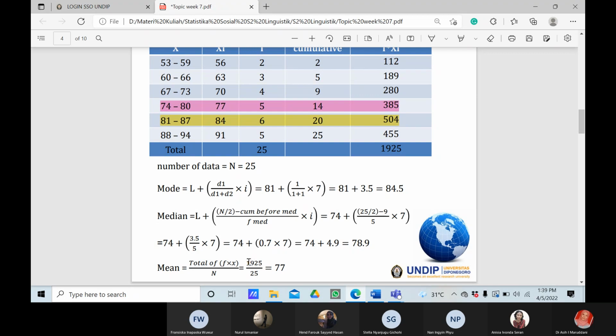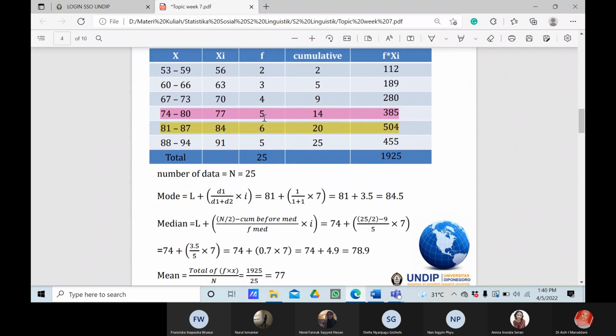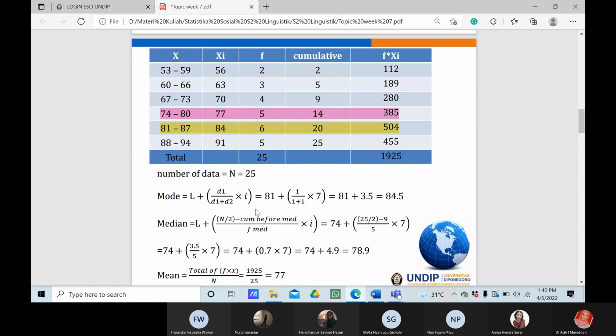Then 1,925 divided by 25 is 77. Okay, this is the calculation of the center of measurement from a group of data, or a frequency distribution table.